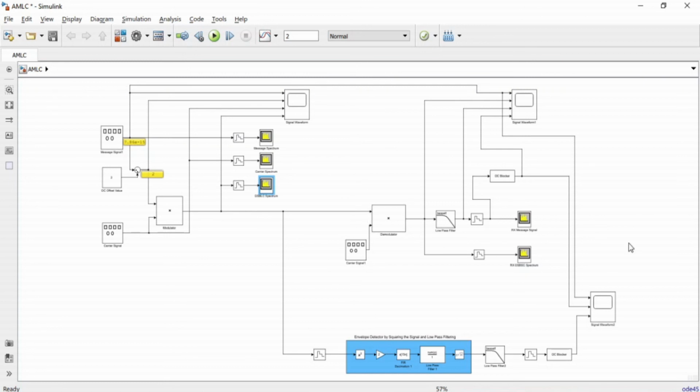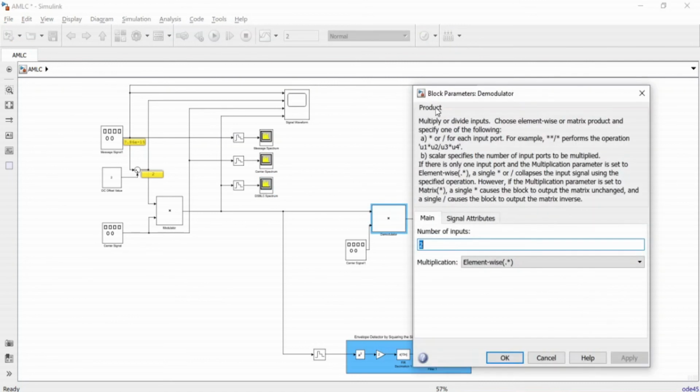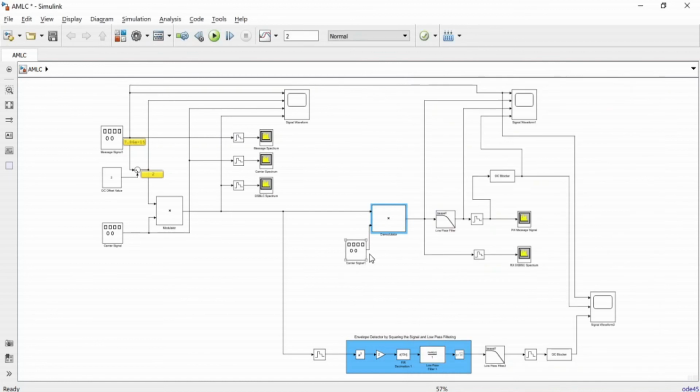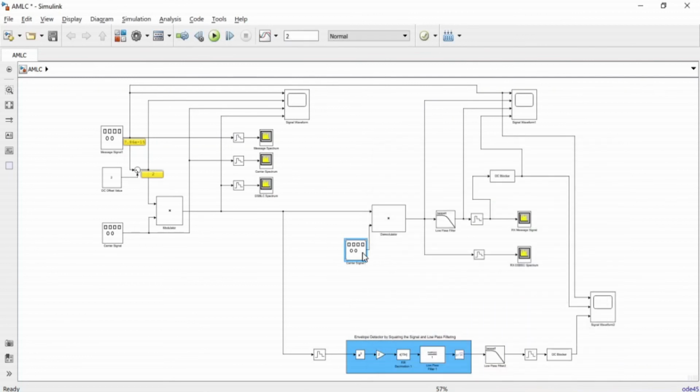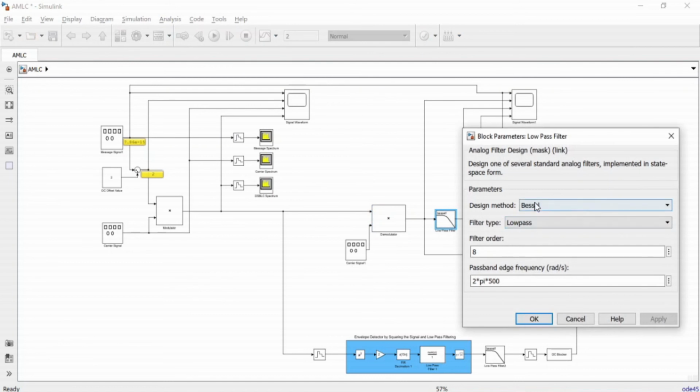So this is our receiver, and we again use a multiplier, that is the product, which is having two inputs, and we use the same carrier which is operating at 2000 hertz, and this is basically a signal generator block. This is in exact sync or agreement with the transmit carrier. So after that, as per the DSB-SC discussed previously in this link, we have a low pass filter.